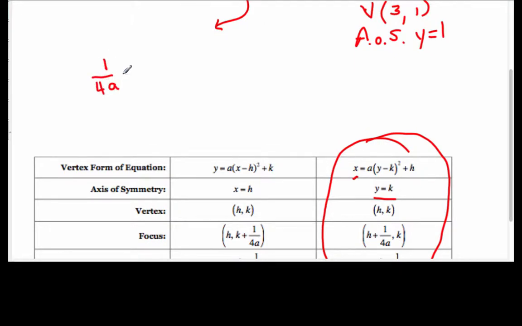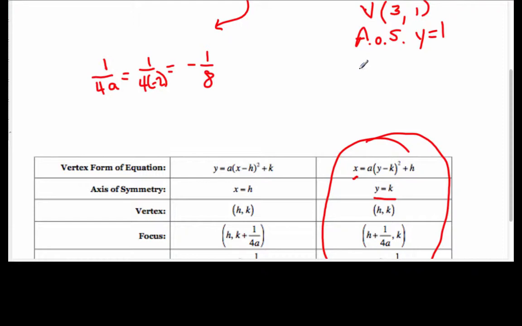Well, if I know that a is going to equal -2, then I know that thing is going to be -1/8.